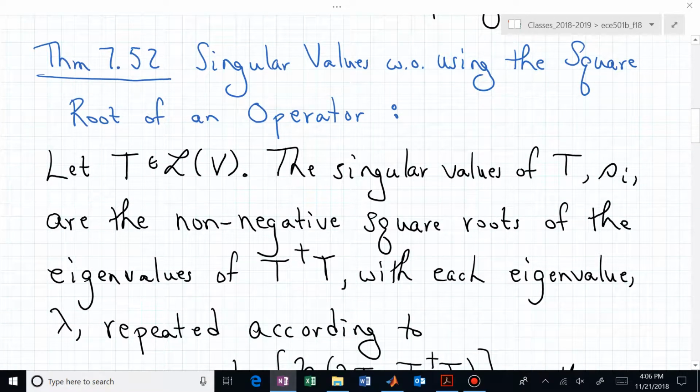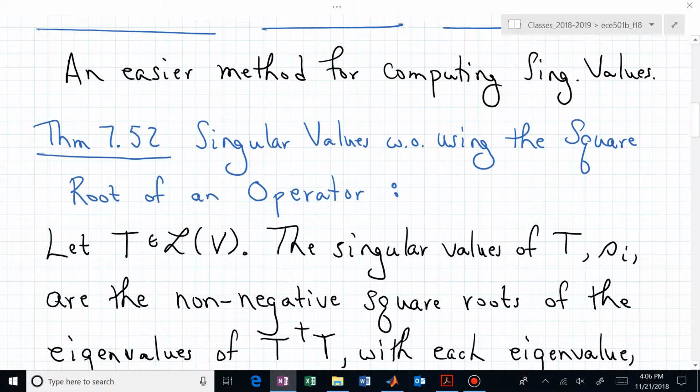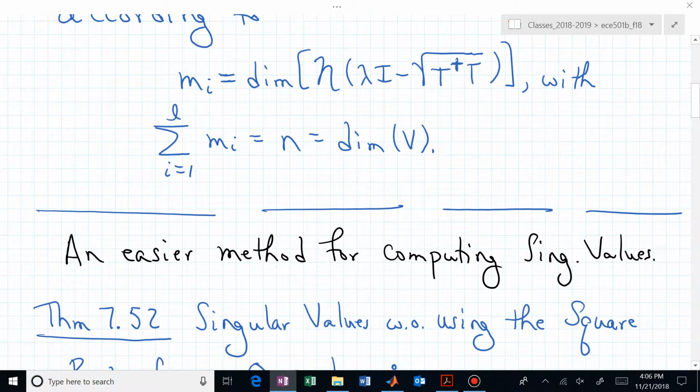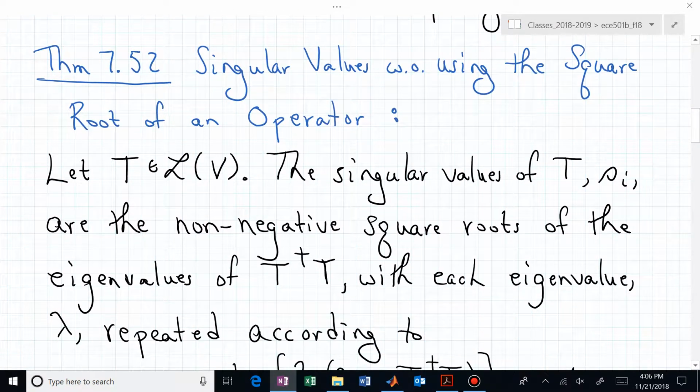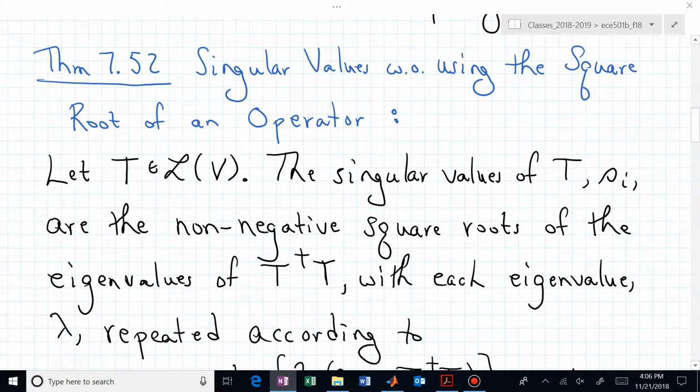And this is finding the singular values without actually having to use this square root of a positive operator. Remember, a positive operator enjoys these nice properties that give us these non-negative eigenvalues.